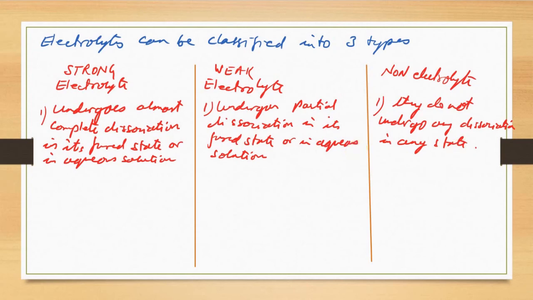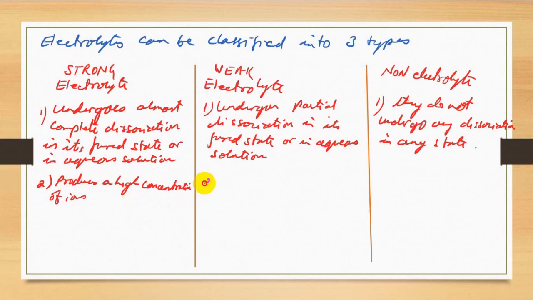So due to that, what will happen? Look here. In the first case, what is happening? Everything dissociates. Whatever was there, everything dissociates. So when everything dissociates, they produce a high concentration of ions.